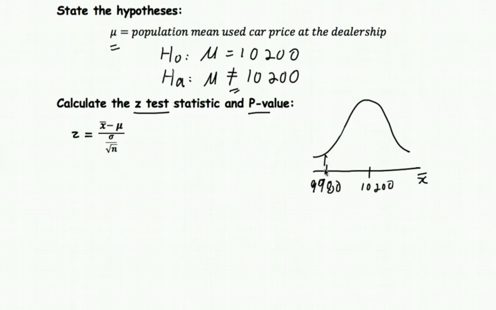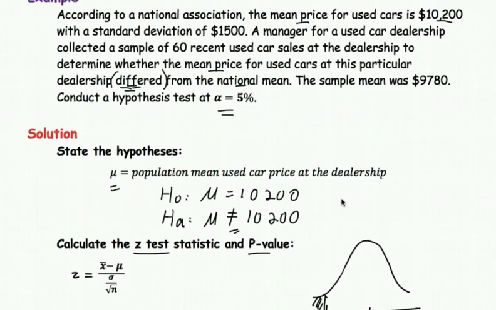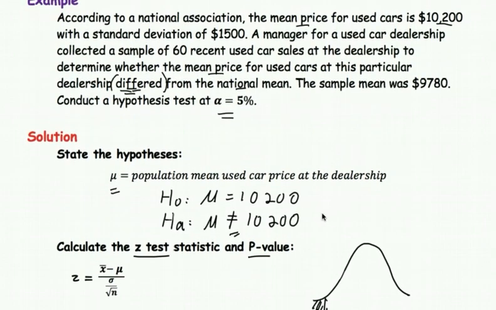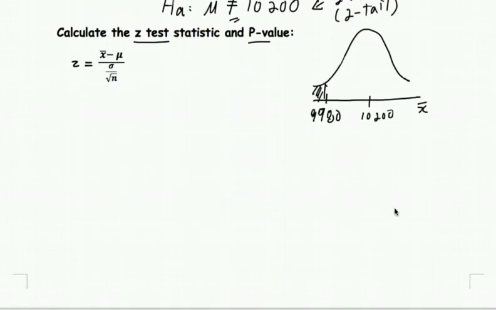So you have this left tail. Now, because we are doing a two-sided test, or you call it a two-tail test, that means we need to look at the z curve.